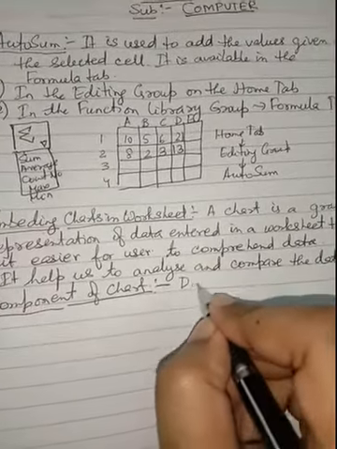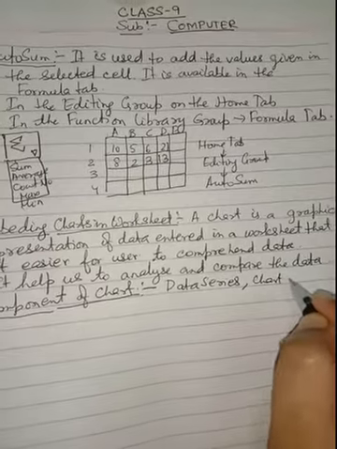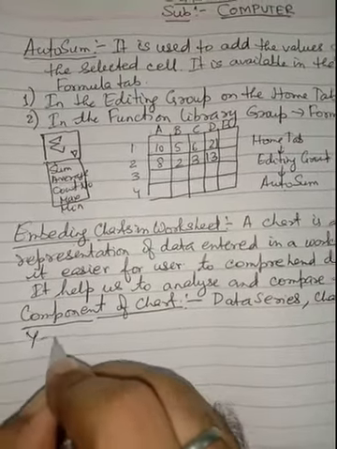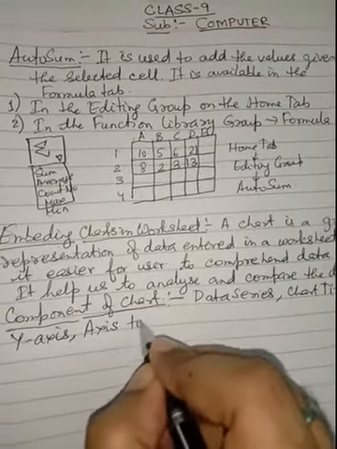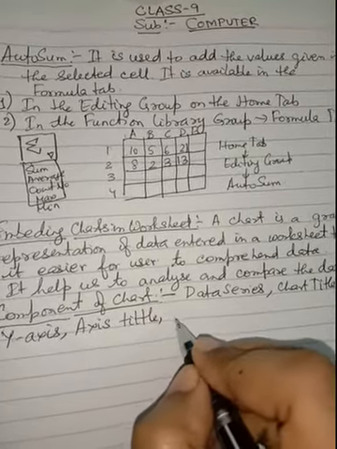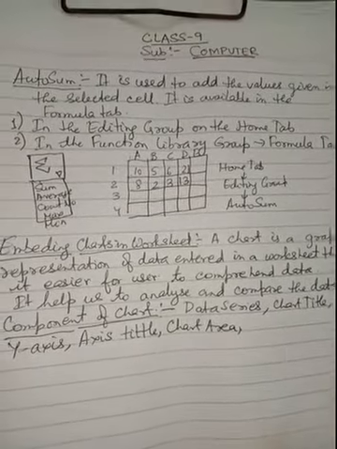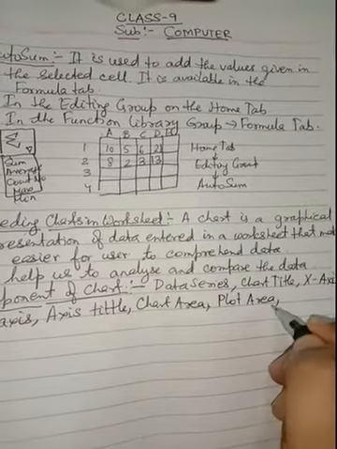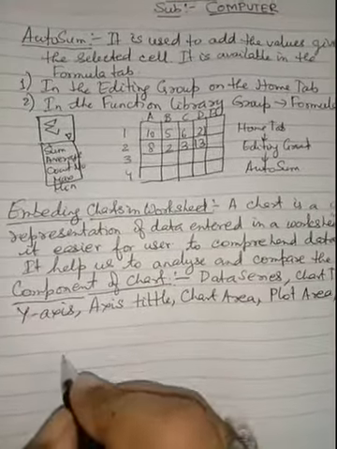We generally have data series, next chart title, next x-axis, next y-axis, next axis title, next chart area, next plot area, grid lines, next legend.